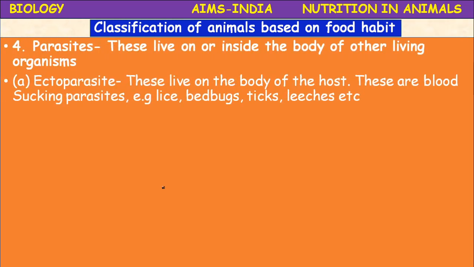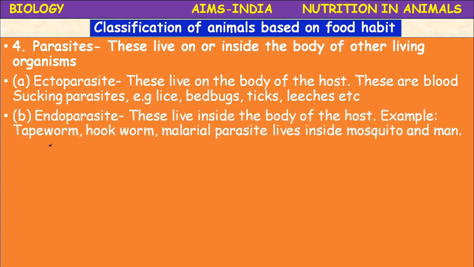They are divided into two major types: ectoparasites and endoparasites. What are ectoparasites? An ectoparasite is the organism that lives on the body of the host. These are blood sucking parasites. Example: lice, bedbugs, ticks, leeches, etc. And endoparasites.